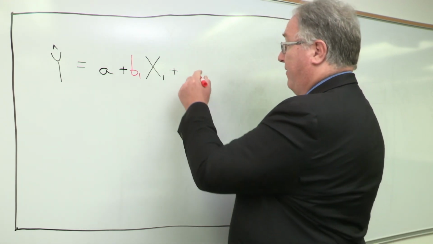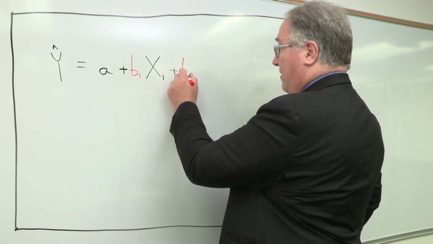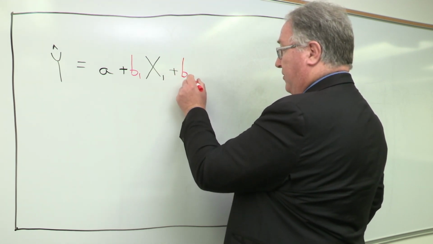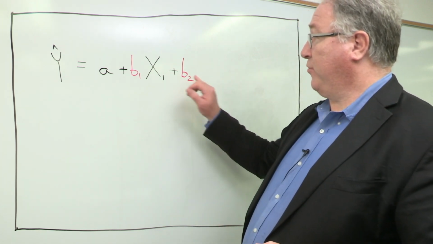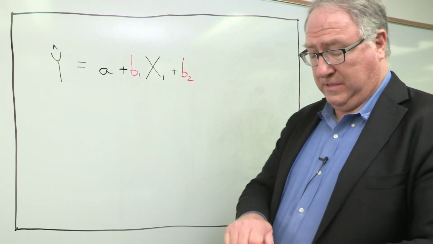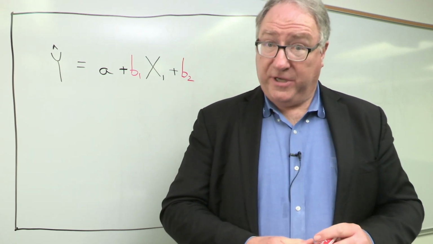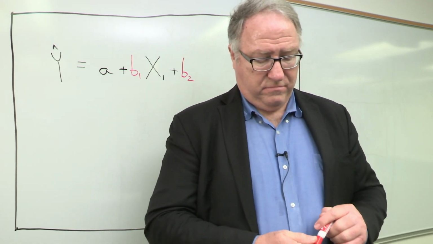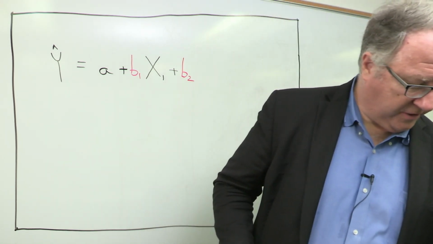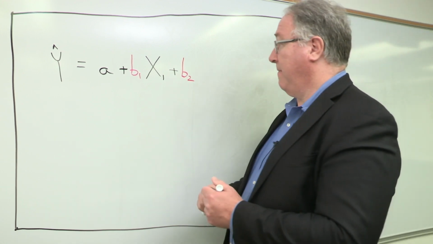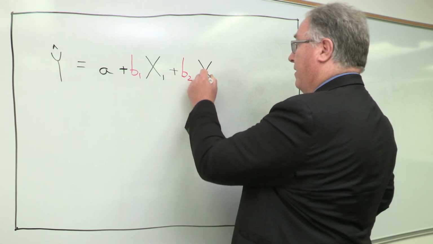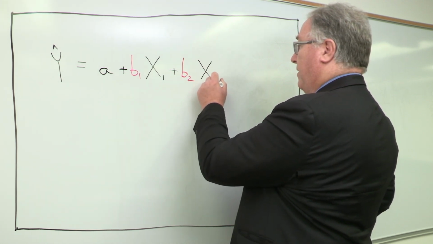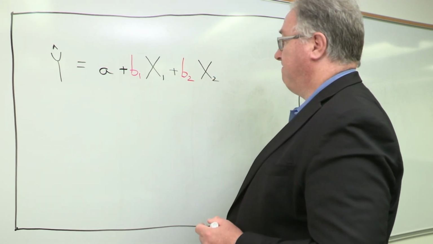So here we have another regression coefficient, B sub 2, and this is the regression coefficient for our next predictor variable, predictor variable number 2. So here we have predictor variable number 2.